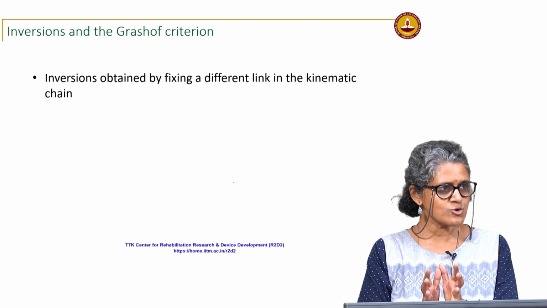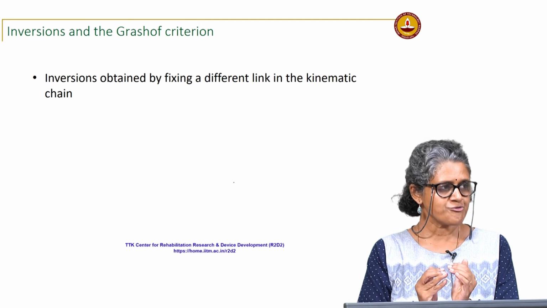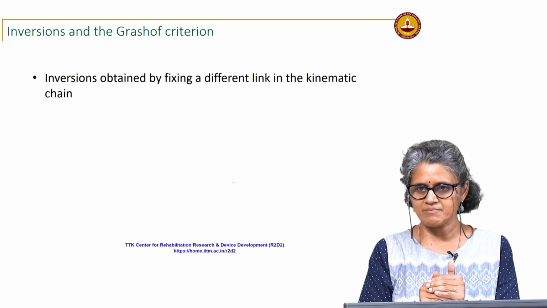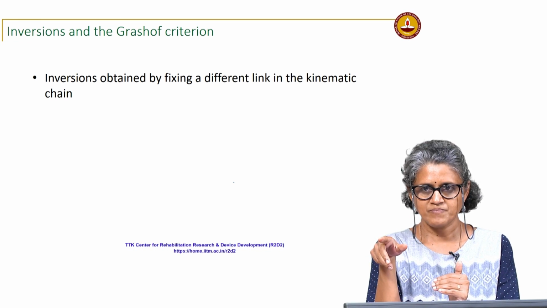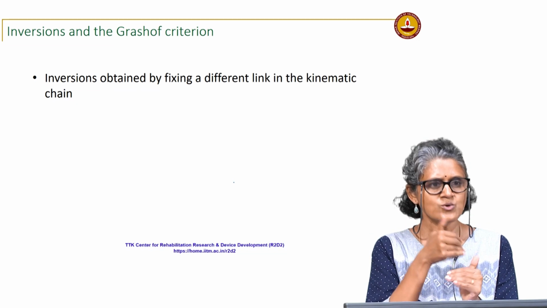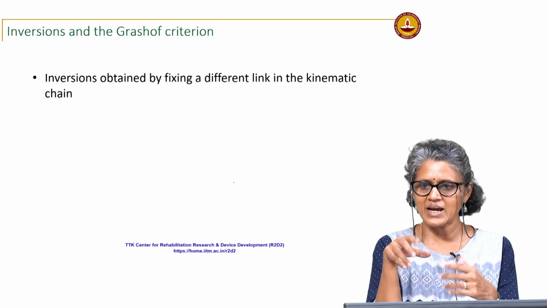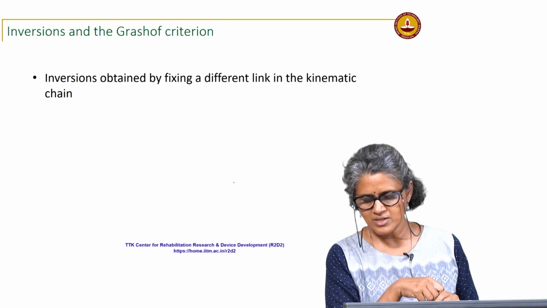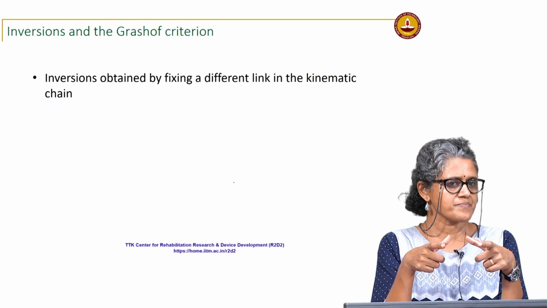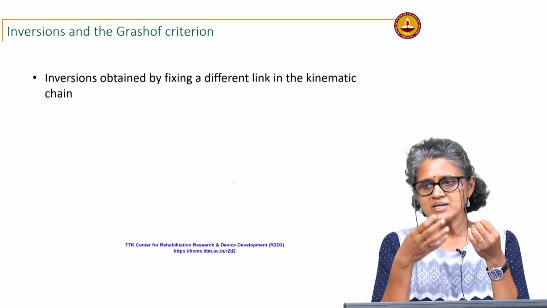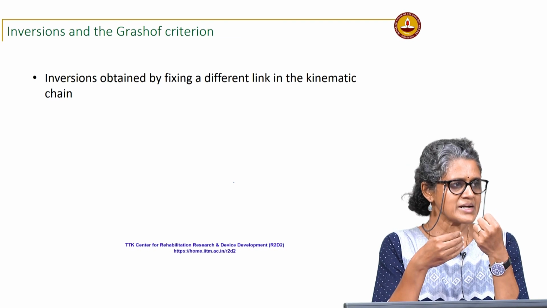Essentially, when you have a closed kinematic chain, if you fix a different link in the kinematic chain, the relative motion between the links does not change, but if you look at the motion with respect to the fixed link, it will be different. Okay, but the relative motion among the links does not change. So, an inversion is basically, so if you have a 4 bar linkage, my possibilities are 4 inversions, because I could fix a different link in the kinematic chain each time.